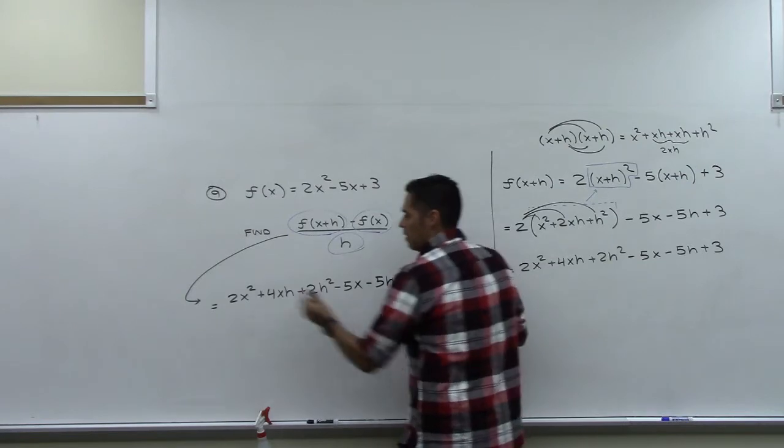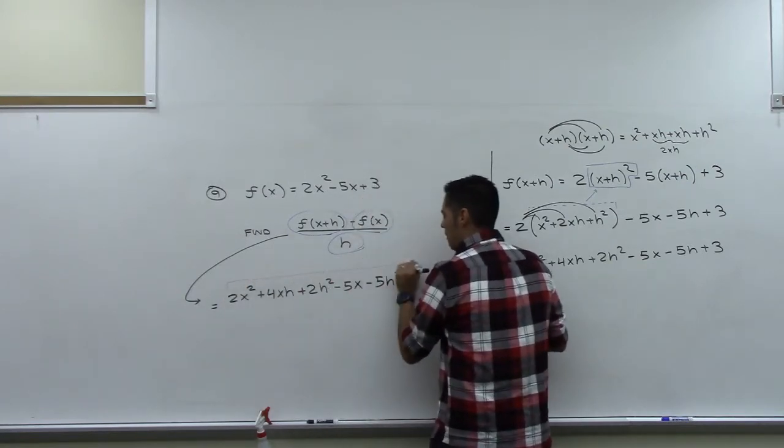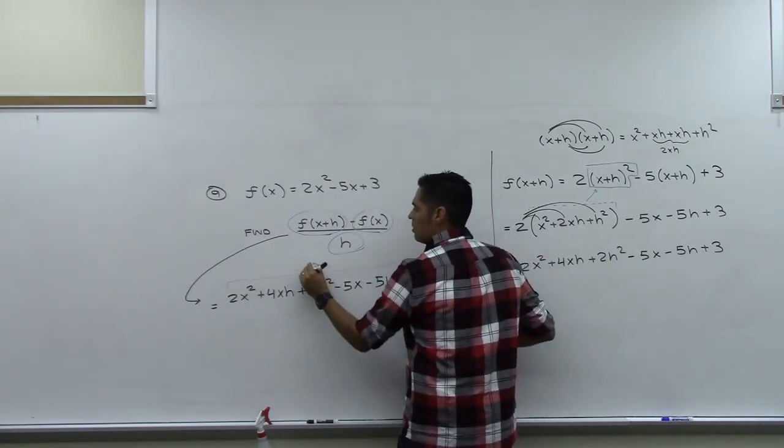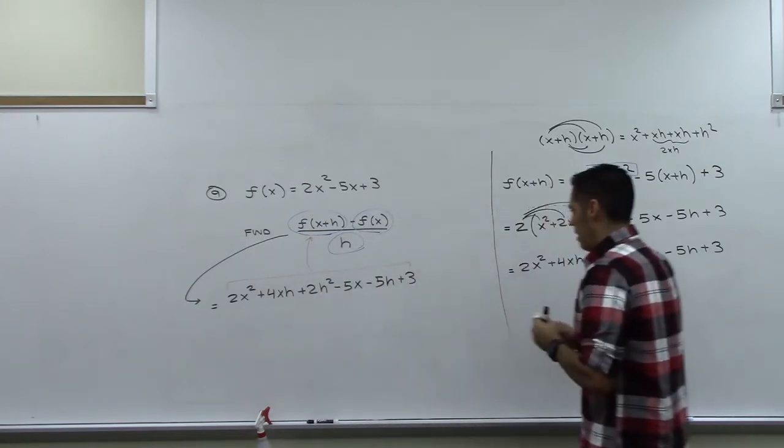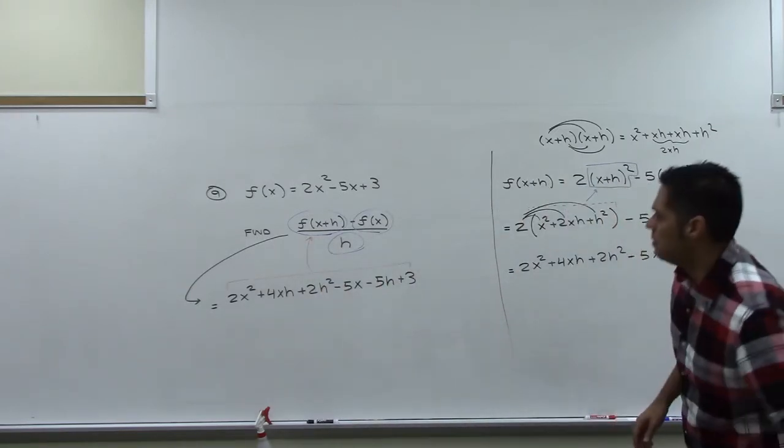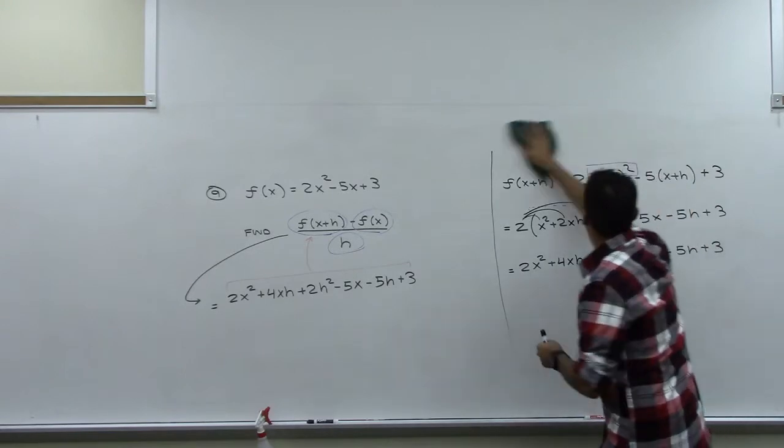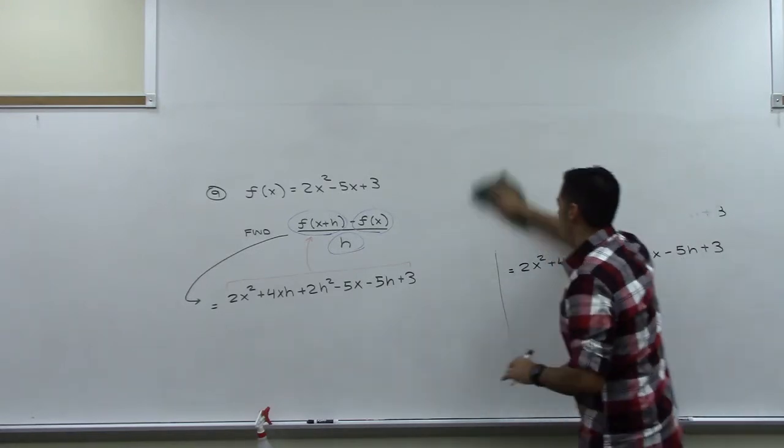So to reiterate, this right here is just that. Now I'm going to erase this because I'm done with it. This was kind of scratch work I was doing on the side.